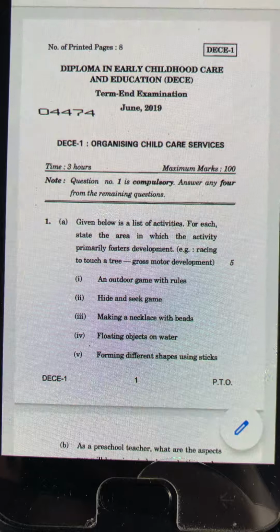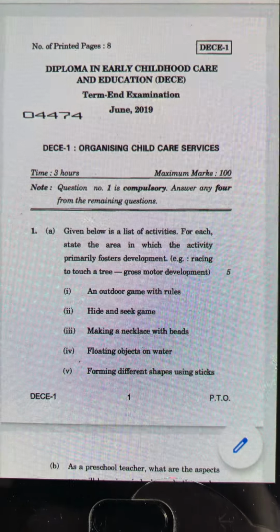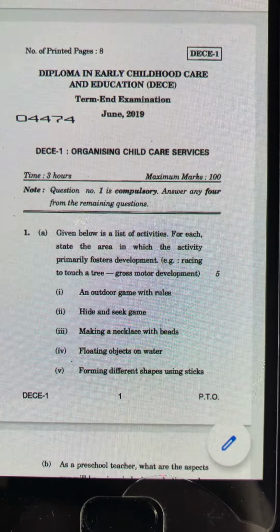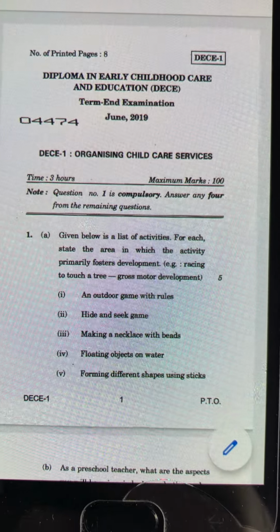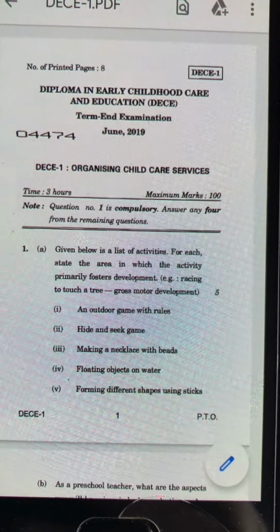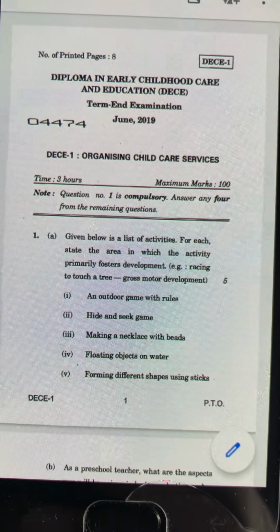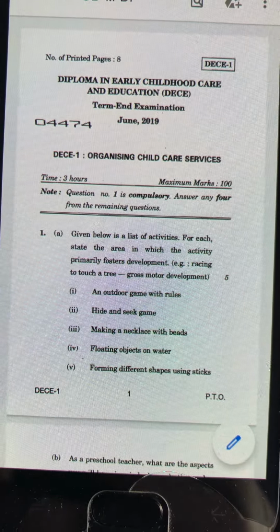In this video, I am going to discuss the question paper of June 2019, Diploma in Early Childhood Care and Education, DECE 1. In this you can see that question number 1 is compulsory.